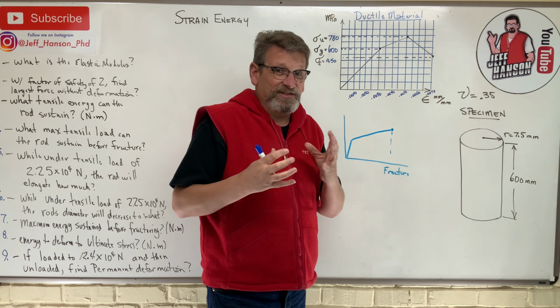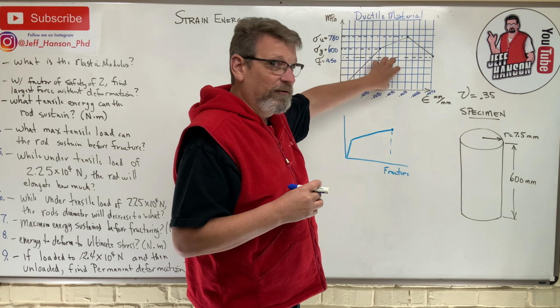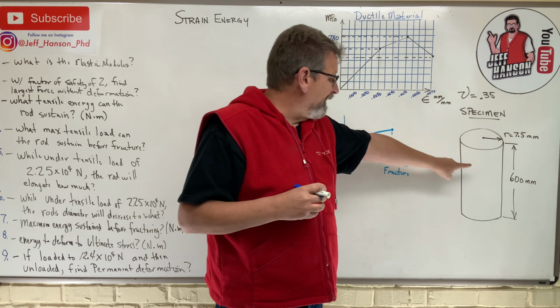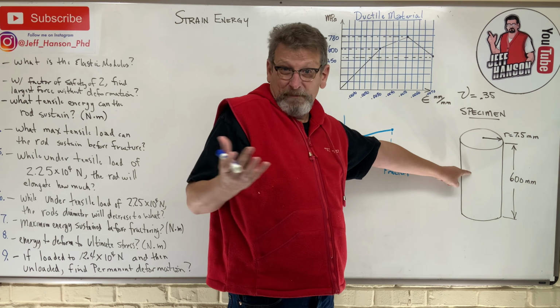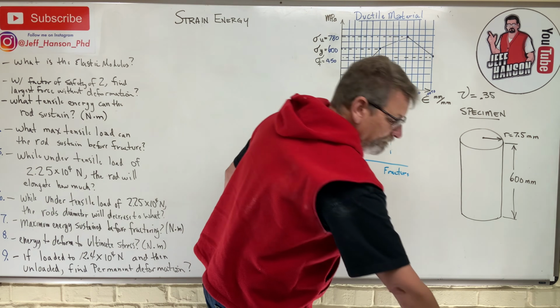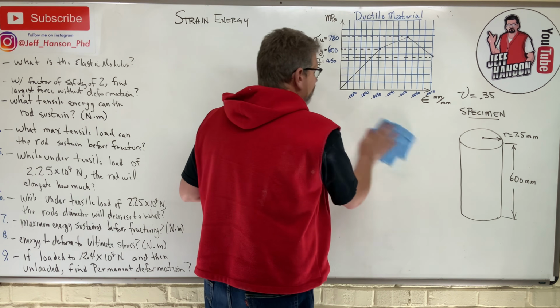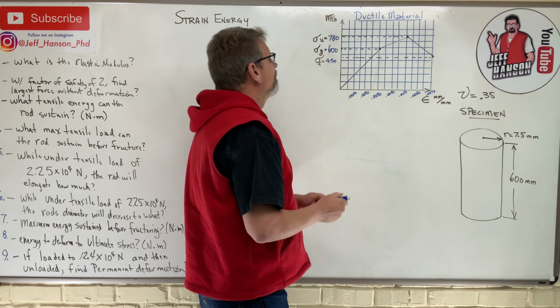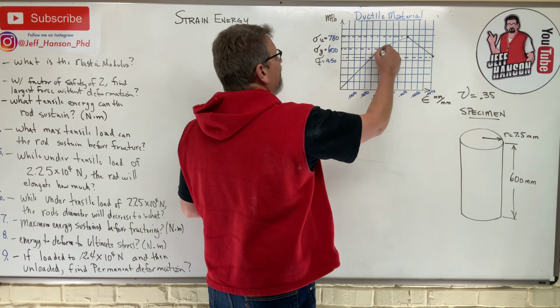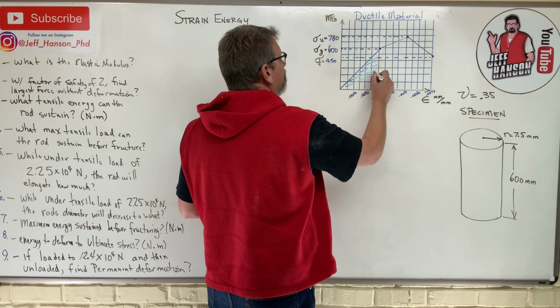And generally, strain energy is the area under this curve multiplied by the volume of the amount of material that you have. Because if I look at the area under this curve anywhere, for instance, let's calculate the area underneath this curve right here, okay?